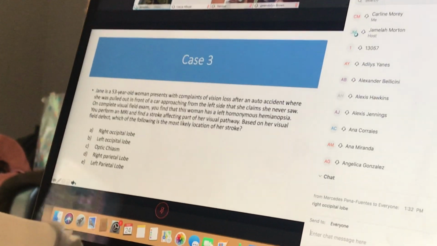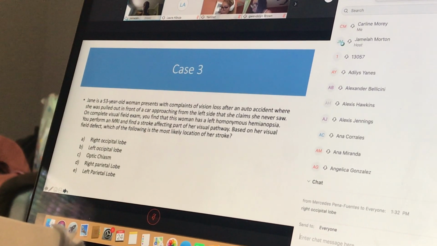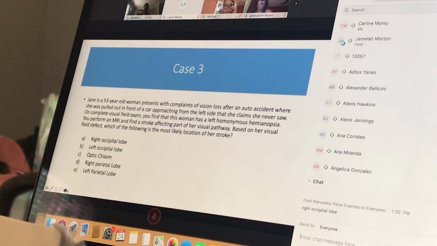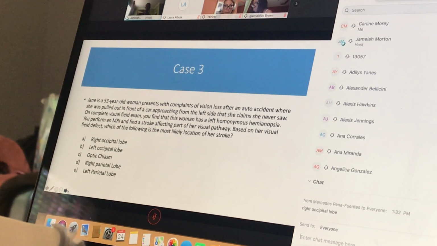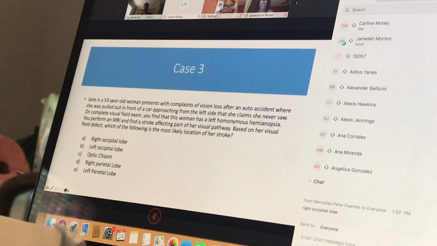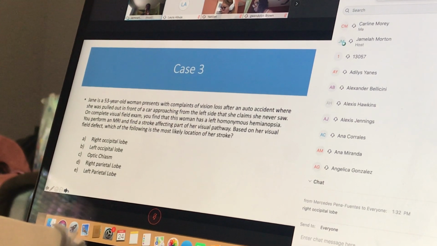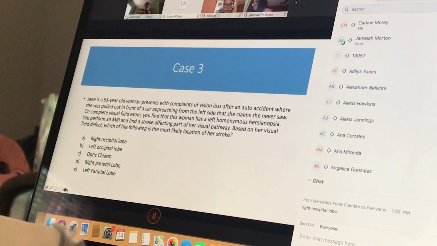It's one visual field, so it's not one eye. When you're doing your visual fields, you're doing confrontation. You're checking the visual fields on the right side and on the left side. Your right visual field is half of this eye and half of the other eye, everything to the right. The left visual field is half of this eye and half of this eye, everything towards the left.